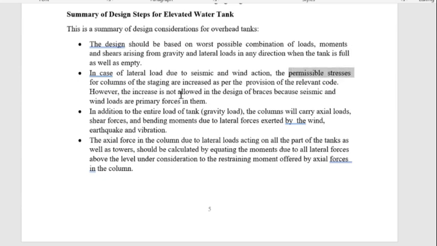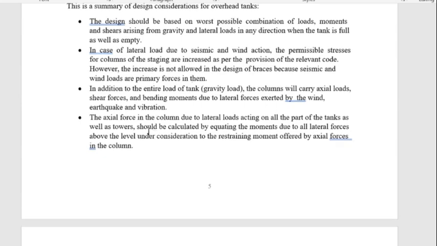However, the increase is not allowed in the design of braces because the seismic and wind loads are primary forces on them. So you note that the increases are for the secondary effect where you don't have the load directly acting. But where you have the braces, the seismic and wind loads are acting primarily on the braces themselves, so you don't add the factors.